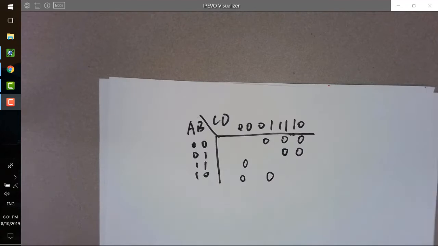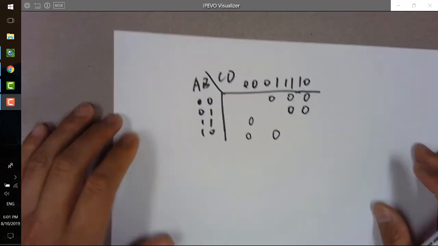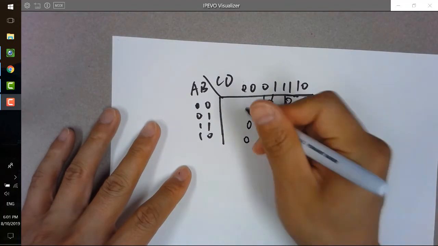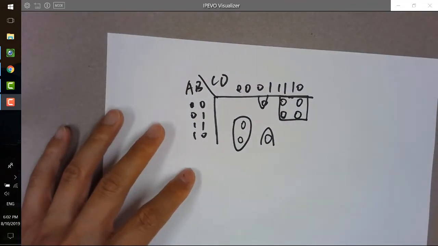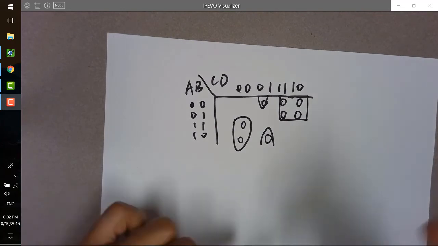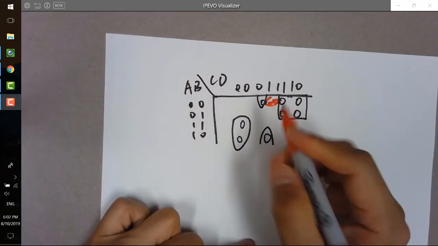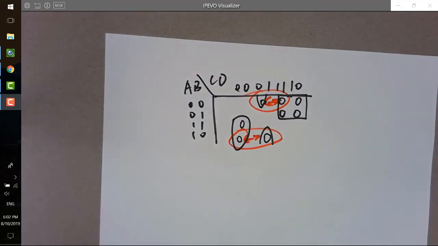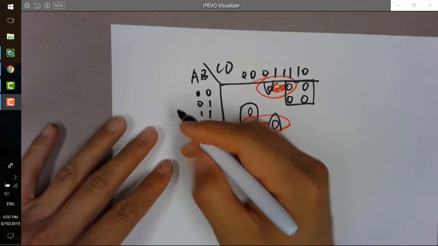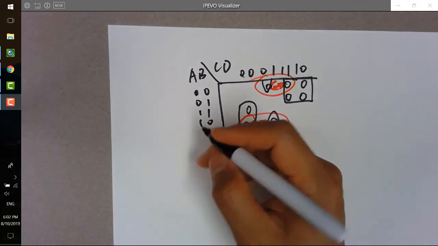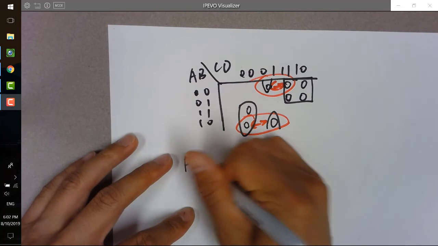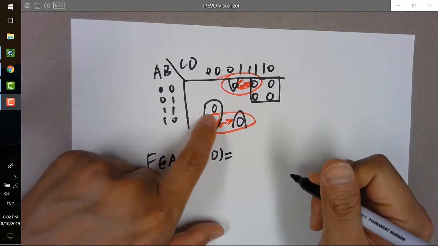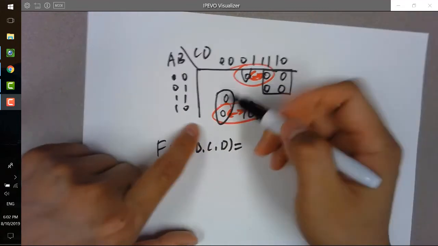Okay, so now let's start grouping all these. One group, one group, one group. And you find out there are two static 0 hazards, this one and this one. So just group them so you can get rid of the static 0 hazards. So in the very beginning, your logic function A, B, C, D is, with max terms, so don't forget to swap.